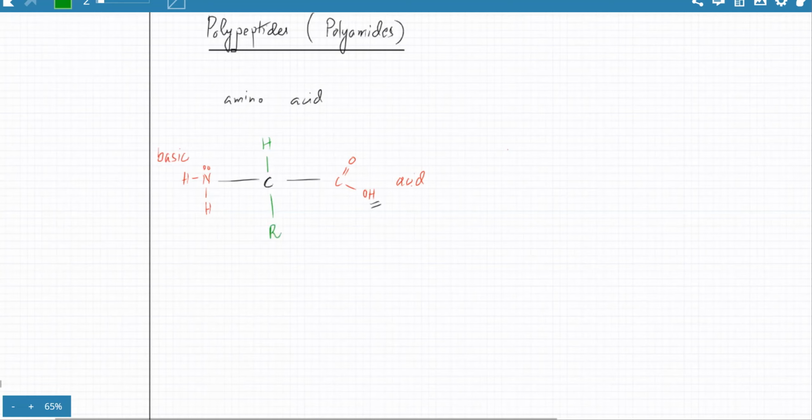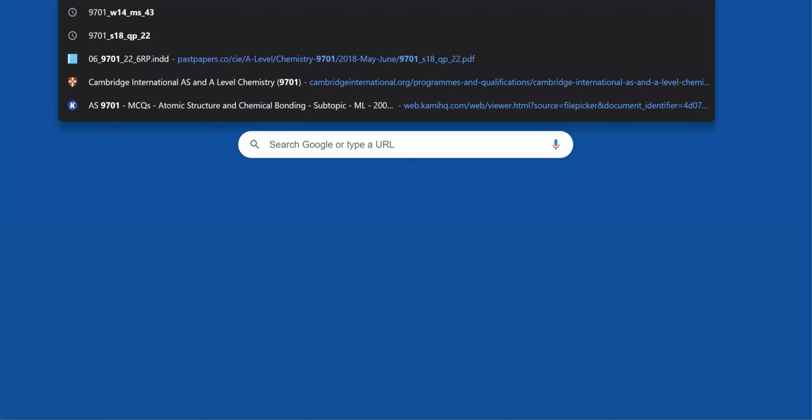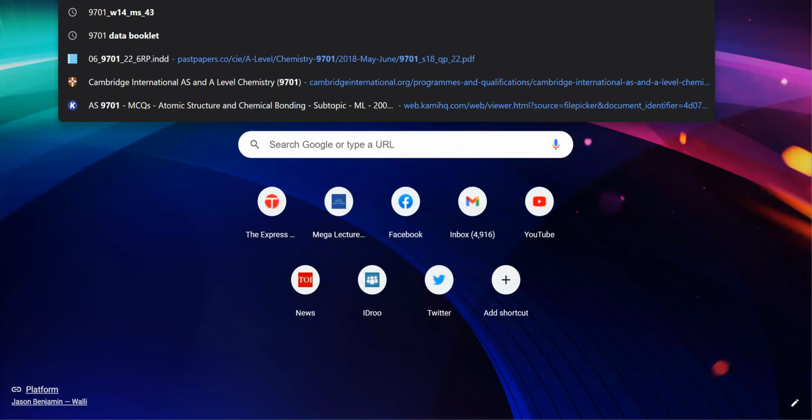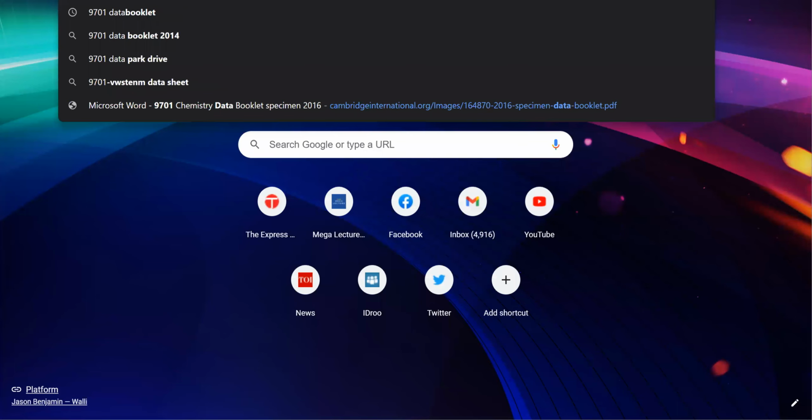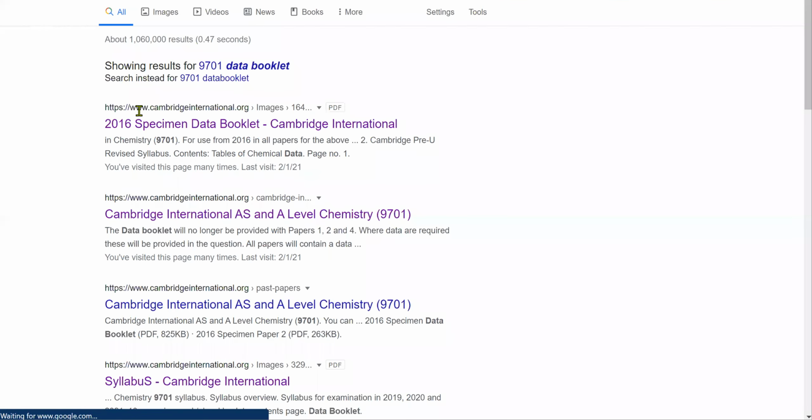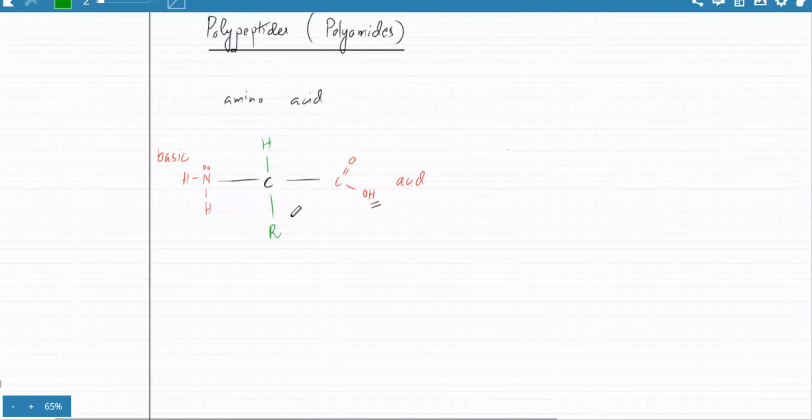All amino acids have a different R group, and most of those R groups are given in the data booklet. There are around 19 or 21 amino acids that make up the human body. If you open the data booklet, you'll be able to figure out the names of many amino acids. The only difference in each amino acid would be this R group.